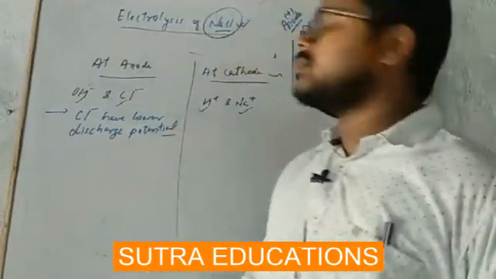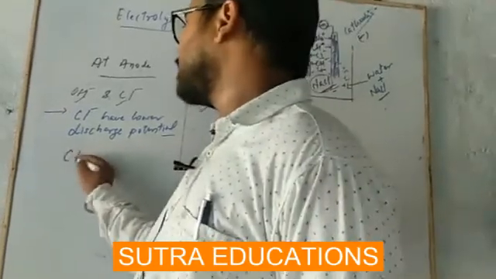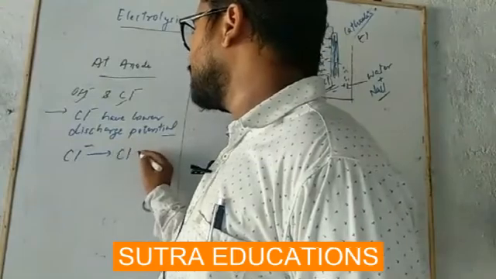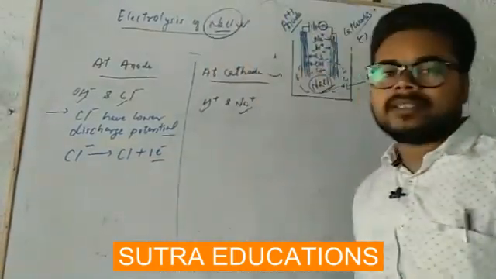So Cl minus will discharge, and it will become Cl by releasing one electron. Got it? Now it is discharged.